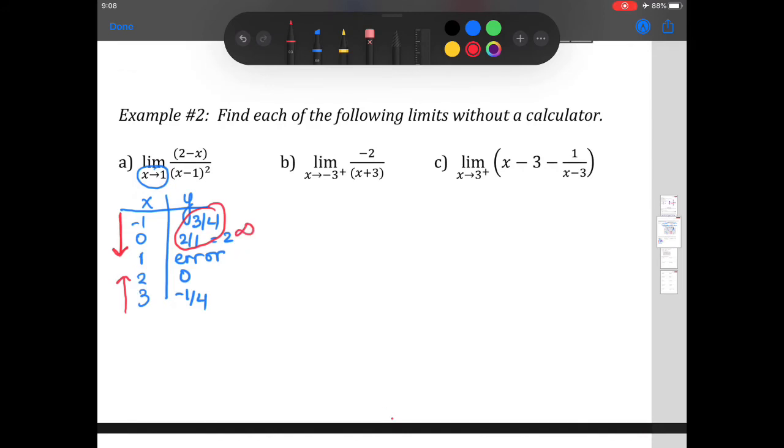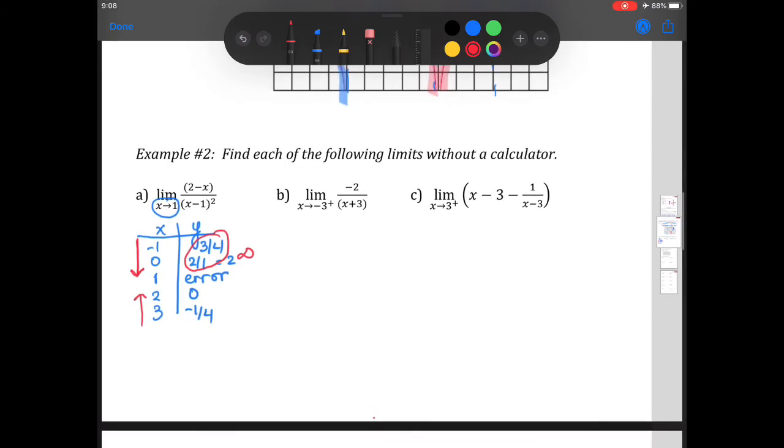So they're going towards infinity. From the right, as I'm approaching 1, they are also increasing. Since the left and the right are the same, it's going to be positive infinity. So the limit as x approaches 1 of this function will be infinity.